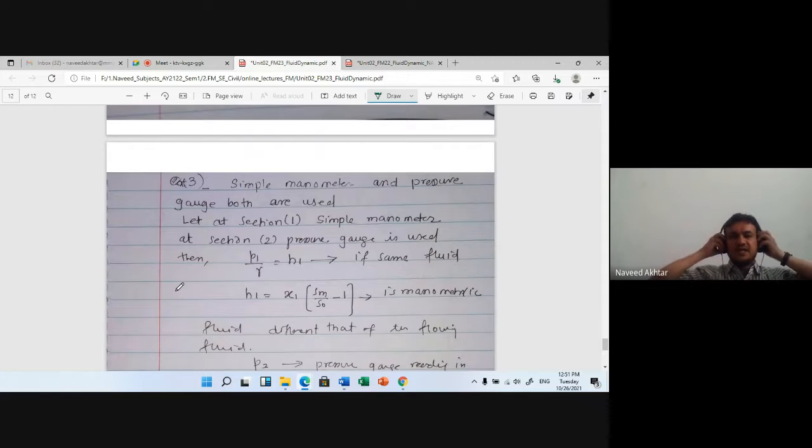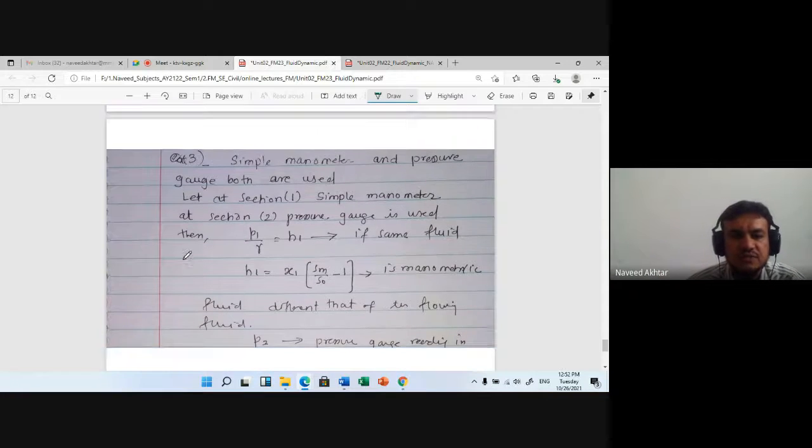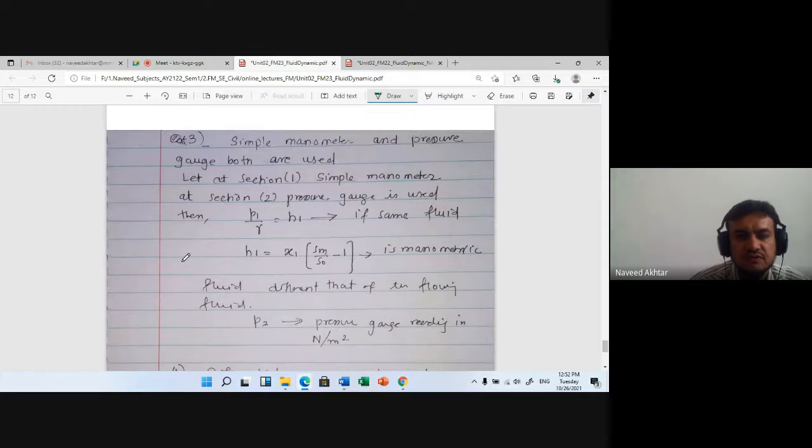A simple manometer and pressure gauge may both be used if there are two types of measuring devices. If you are using the manometer at section 1, then you have to go for P1 upon gamma is equal to H1 if the same fluid is used.